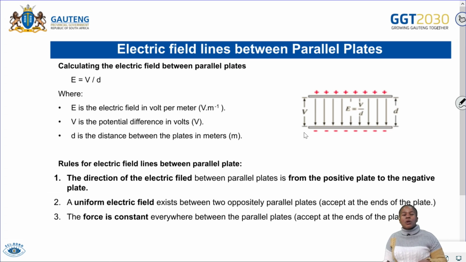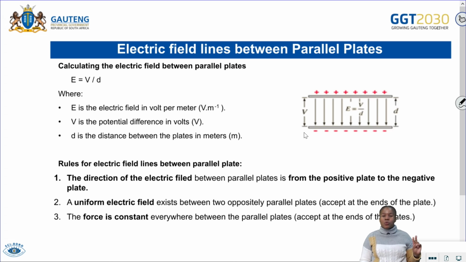Like any other topic, there are rules for electric field lines between parallel plates as well. Number one, the direction of the electric field is very important, still moving from the positive towards the negative plate.